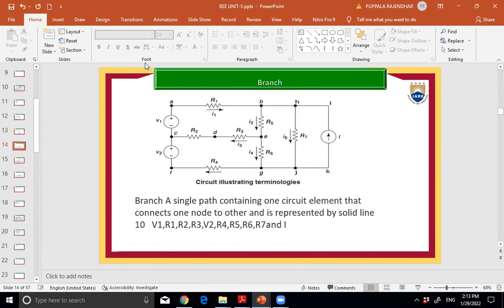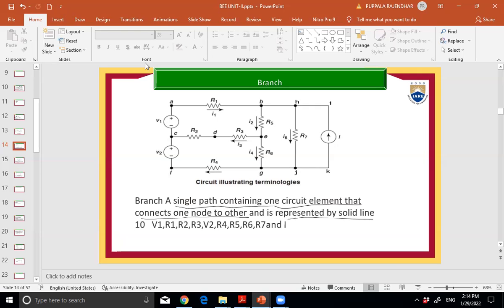What is a branch? A single path containing one circuit element that connects one node to another, and it is represented by a solid line in the graph.